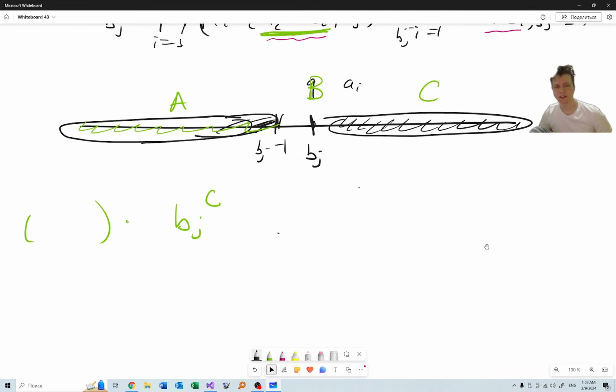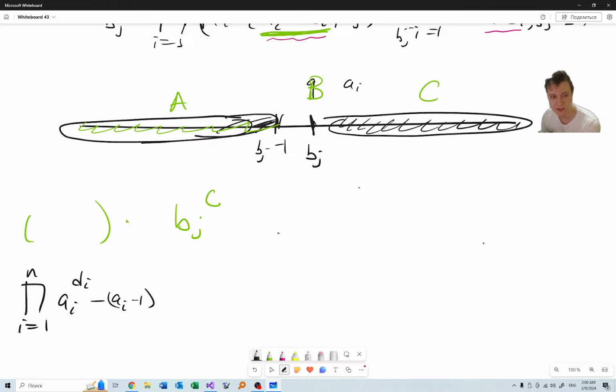Okay, let me rewrite it. So again, first of all, we removed everything that we can. This is the product from I equals 1 to n of AI to the power di minus AI minus 1 to the power di. Okay, we removed it. Then we sum over all di's.